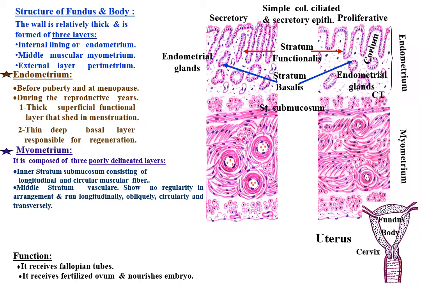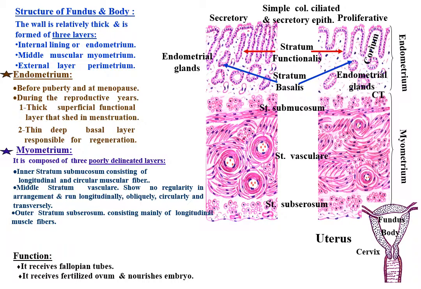Middle or stratum vasculare: it is a thick middle layer richly vascularized. The muscle fibers show no regularity in arrangement; they may run longitudinally, obliquely, circularly, and may be transverse. Outer or stratum subserosum, consisting mainly of longitudinal muscle fibers.